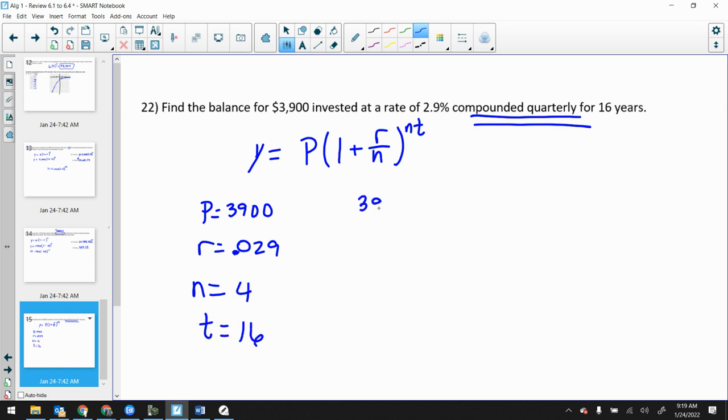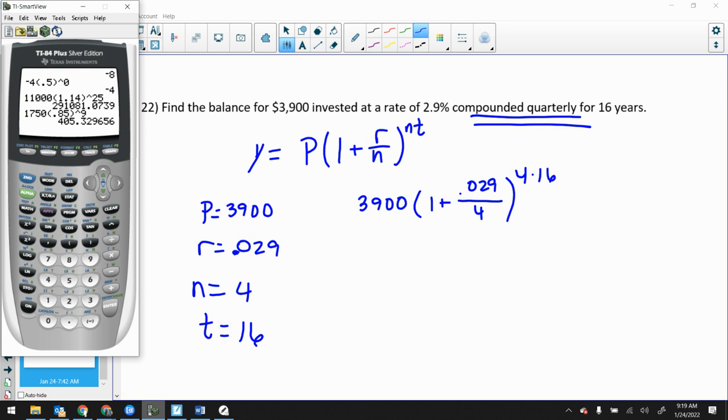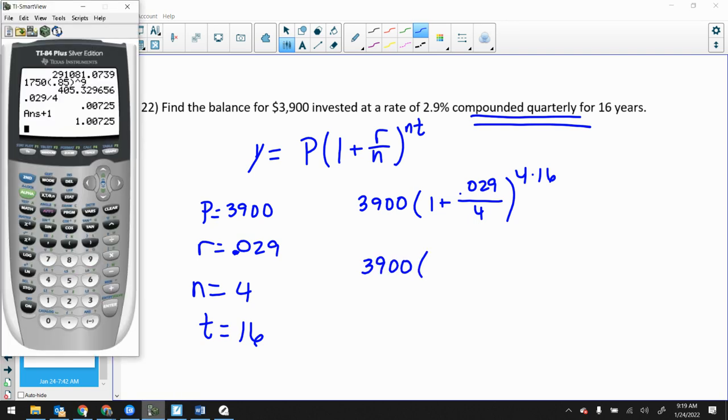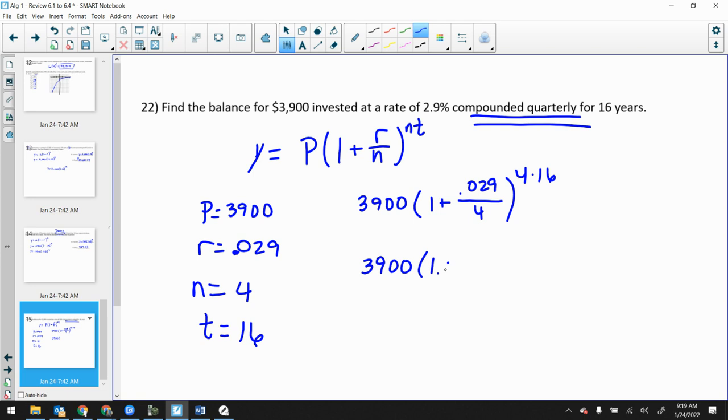So 3,900 times 1 plus 0.029 over 4, all to the 4 times 16. 0.029 divided by 4 is 0.00725. Add 1 to that: 3,900 times 1.00725, all raised to the 64th power.